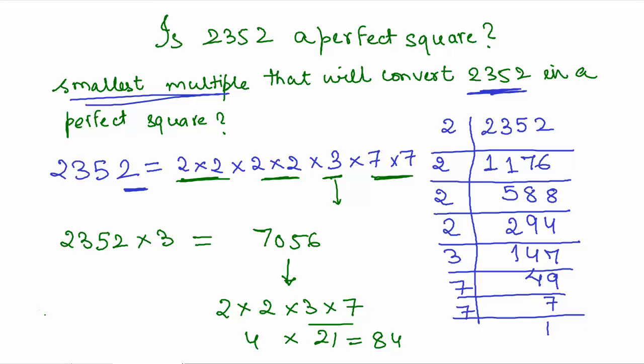So the square root of 7056 is 84. So this gives an interesting application of how we use prime factorization to figure out whether a number is a perfect square or not, and also to find the smallest number which we could multiply to that number to convert it into a perfect square.